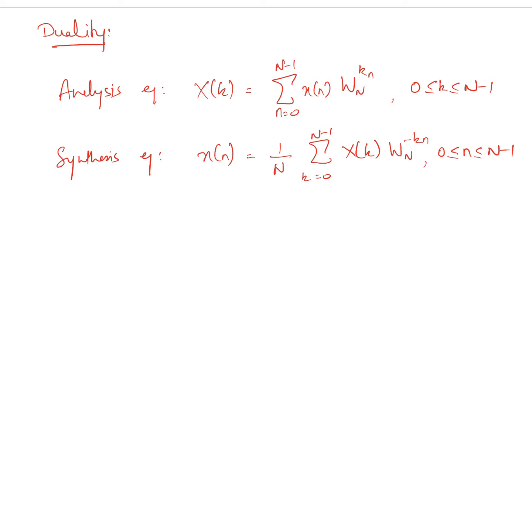So what we see here, just from the visual look, is that both these equations differ only in the factor 1 by N and the sign of the exponent of the powers of W_N, that is this one and this one.